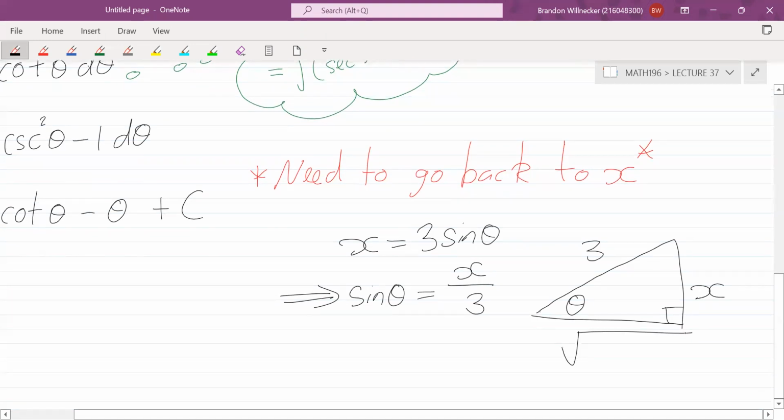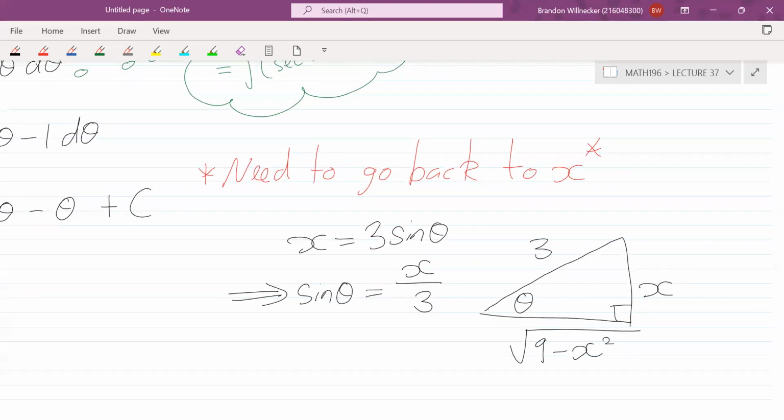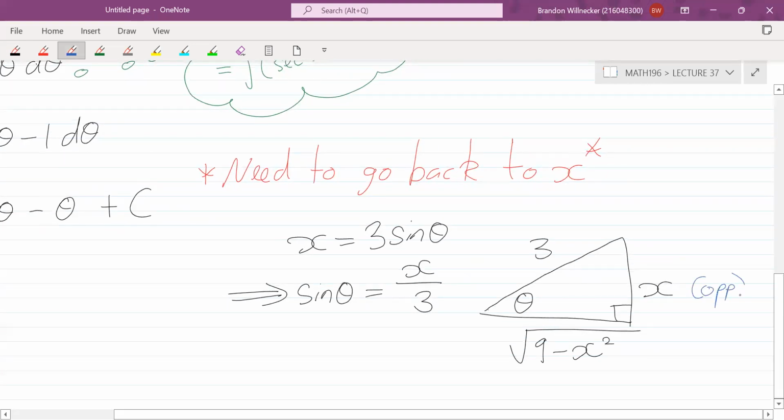Okay, well, that's just Pythag to work out the adjacent, but that's going to be the square root of 9 minus x squared. Okay, you can check that using the Pythag formula. So now we've got the opposite, we've got the adjacent, and we've got the hypotenuse.